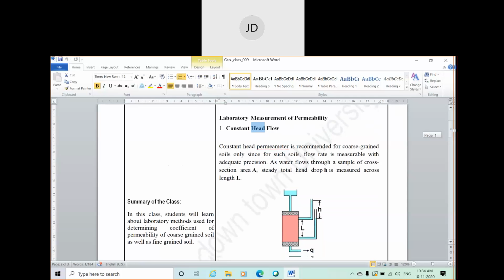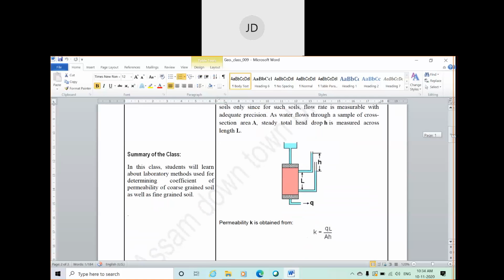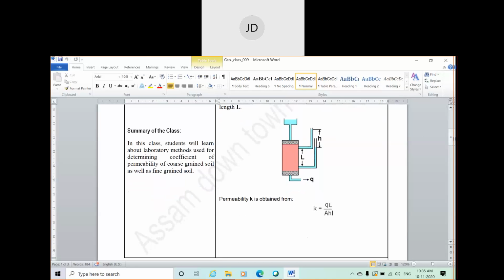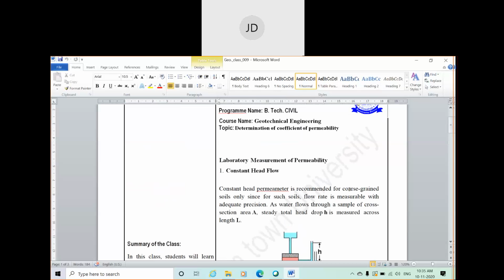Each also has a formula to find the value of K. This formula, K is equal to QL divided by AH, is used to find the coefficient of permeability K for coarse grained soil under the constant head test.